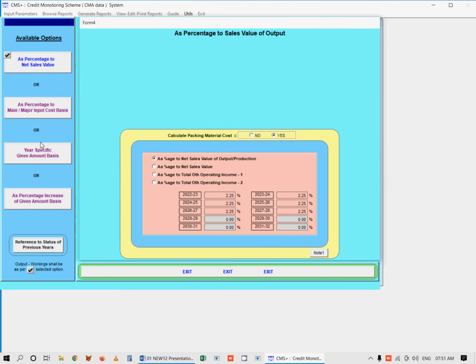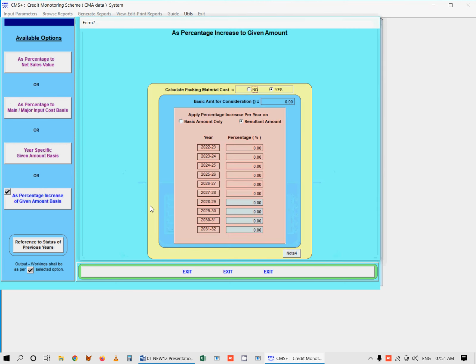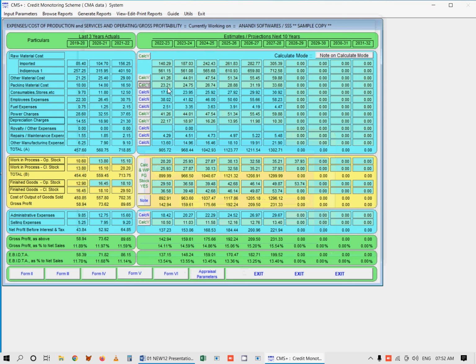Under the second option, it will be referred to as percentage to raw material or main material cost. As under the last option, we can state it as percentage increase over a specified amount separately for each year. As we exit this screen, all calculations are placed in the main screen.